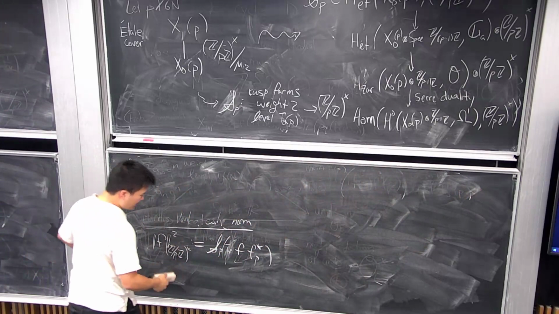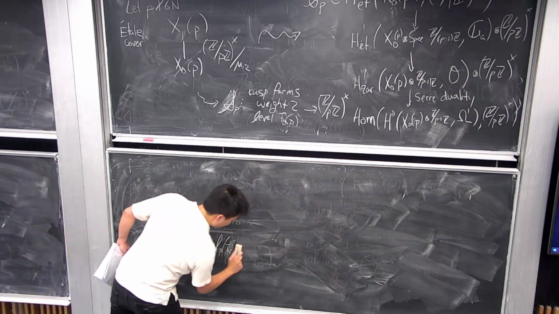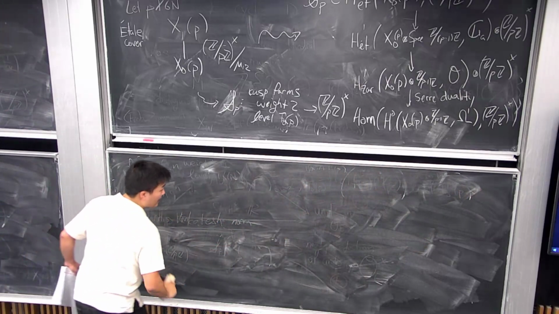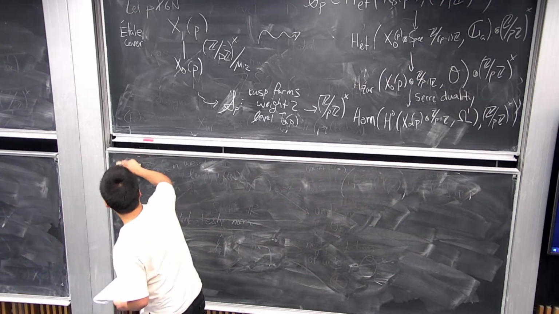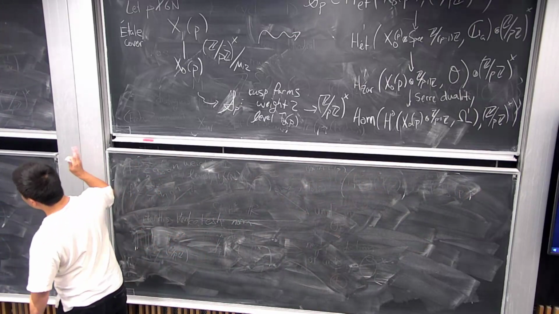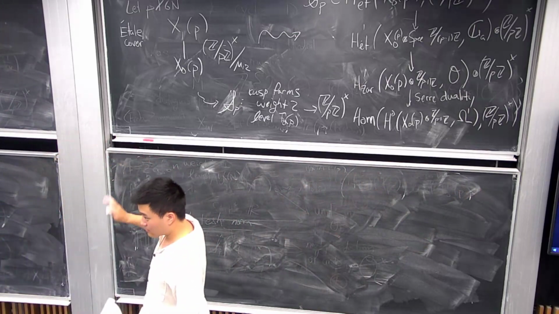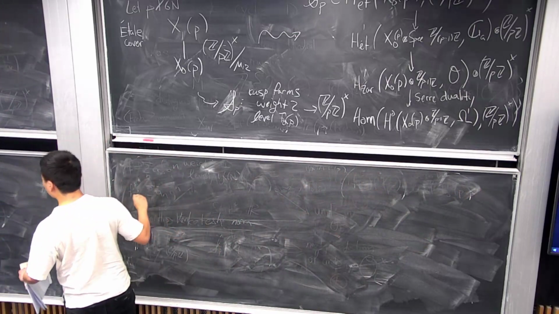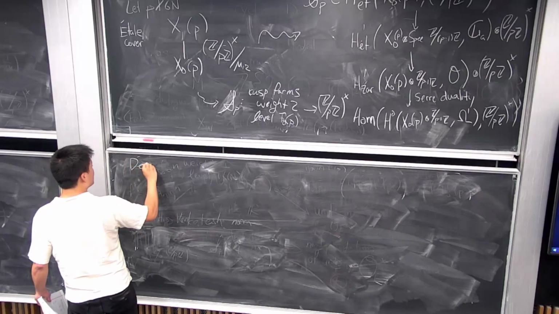So this construction might seem a little ad hoc and strange. The original motivation of the Harris-Venkatesh conjecture did not have to do with the Stark conjecture or Hilbert's twelfth problem. So let me just mention that briefly.